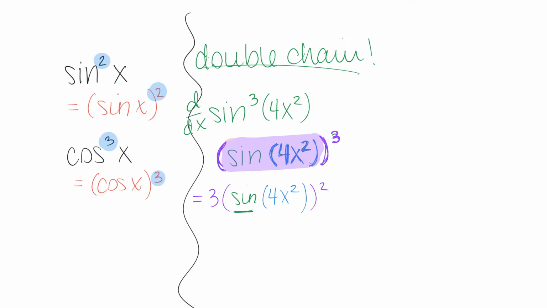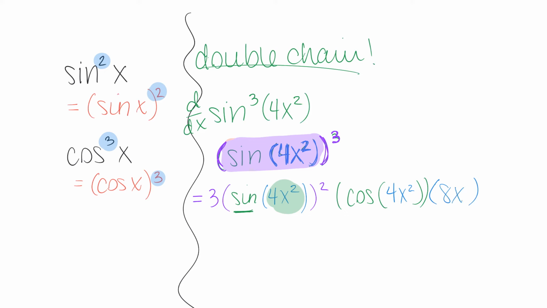We're working from the outside in. What is the derivative of sine of something? It's cosine of that something, and that something happened to be 4x squared. Now we can finally multiply by the derivative of 4x squared, which is 8x.